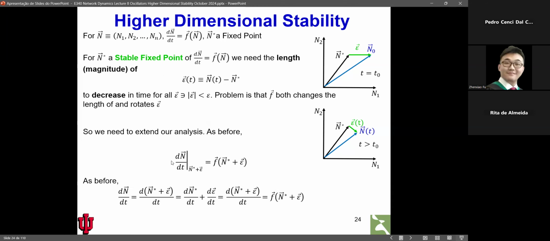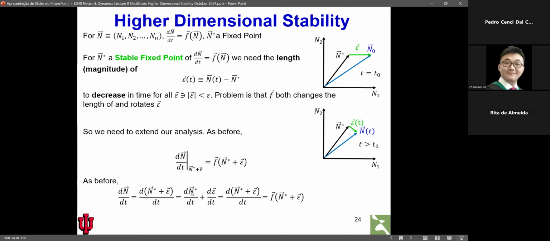Suppose you have n(t) at this point, which is near the fixed point. The evolution of this is going to be determined by the value of the vectorial function f at that point. And then dn/dt is equal to d of n star plus epsilon.